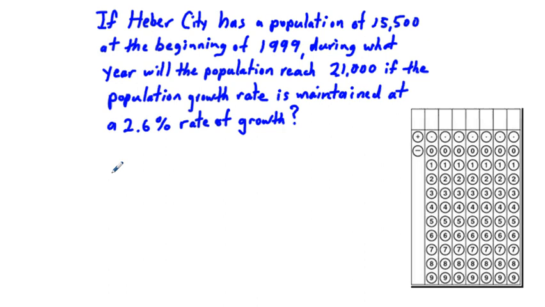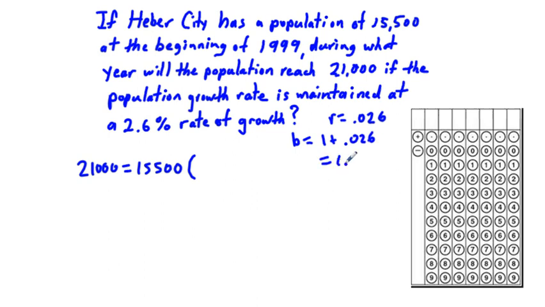For this, our final population of 21,000 is going to equal 15,500 times, with r equal to 0.026, our base of 1 plus 0.026, which equals 1.026, to the power of t, or x. I'll put t here.